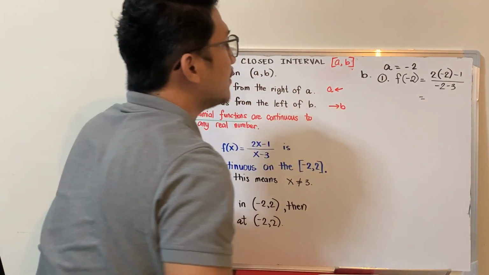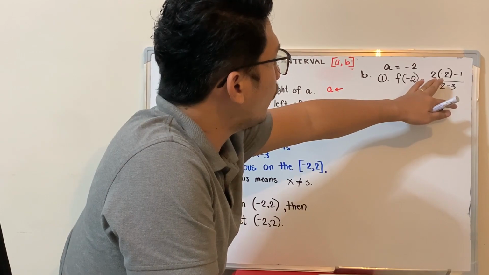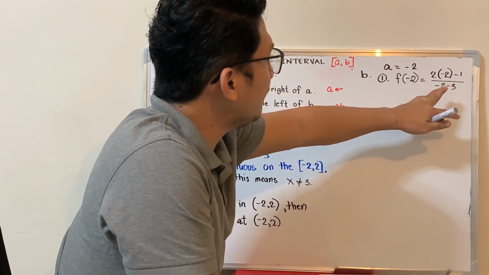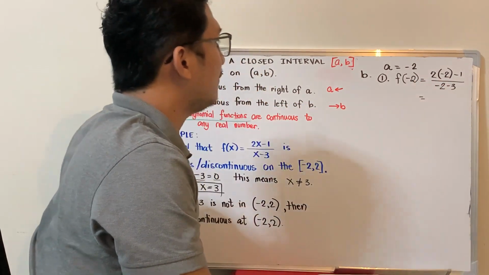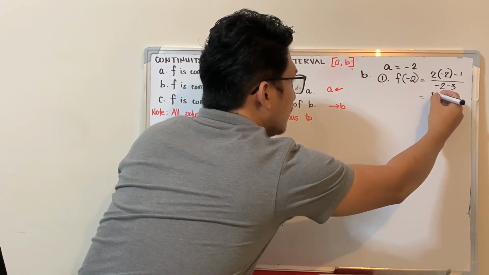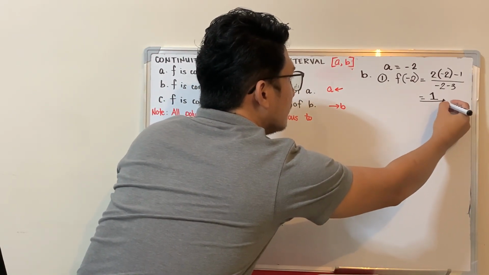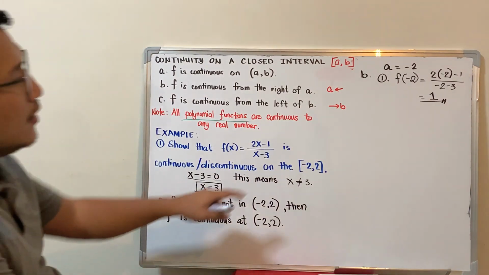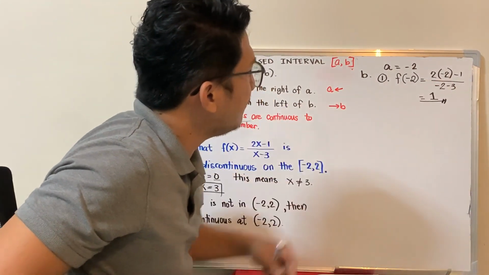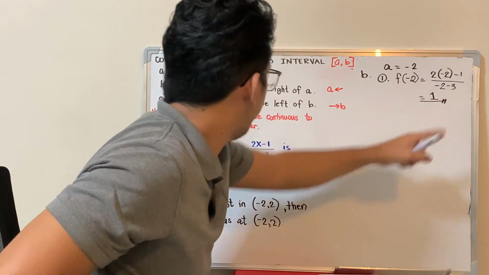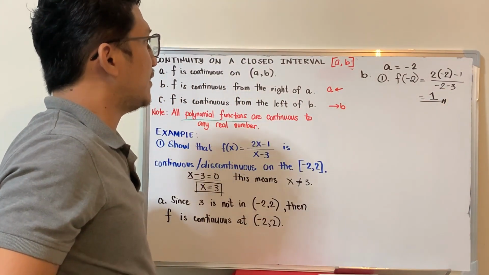That is negative 4 minus 1, which is negative 5, all over negative 5. So it becomes positive 1.